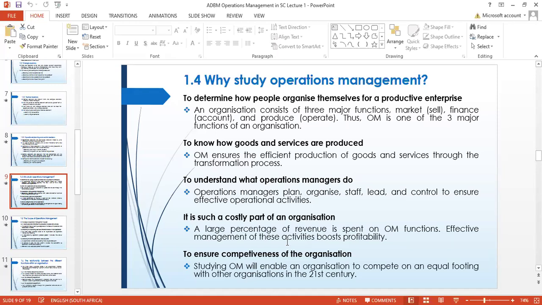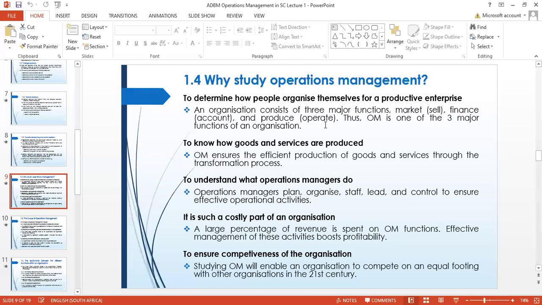I listed there a lot. But the major three functions, we have the marketing function, the finance function, and the production or operations function. These are the major three functions in an organization. And if you look at this, we have operations management, which is the last one here, the produce or operate. This is the operations management function.